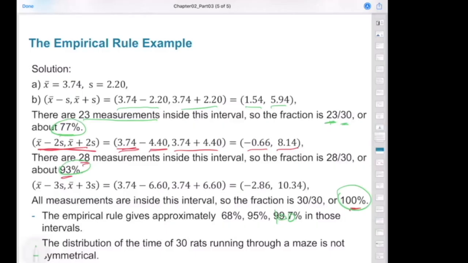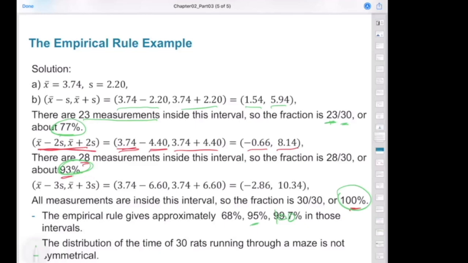For the second one, the empirical rule gives 95%, but actually we have 93%. It's a little bit less, so we have a difference, right? But of course, the last one has the entire data, so this will not help us make a good decision about the data.